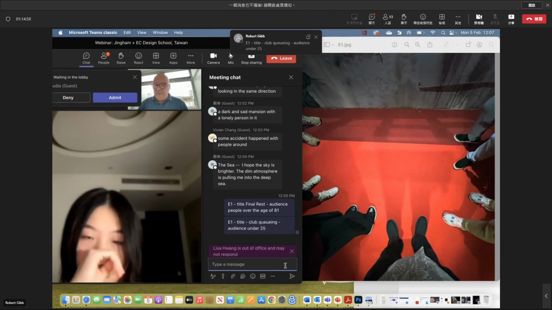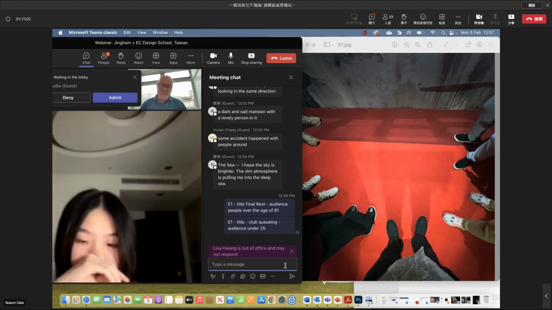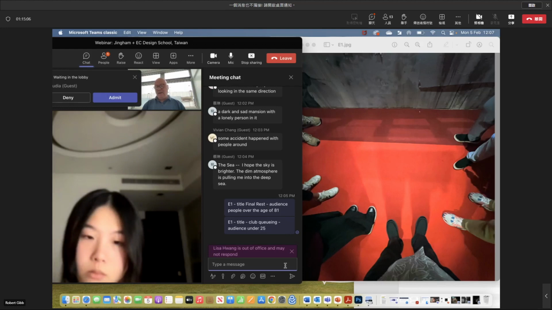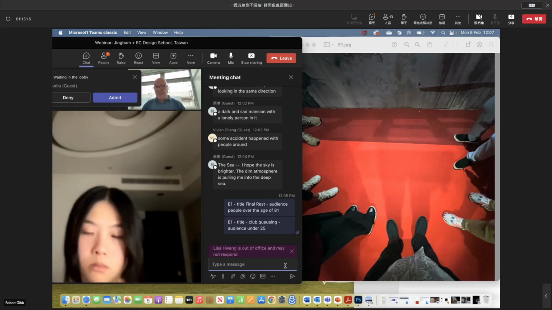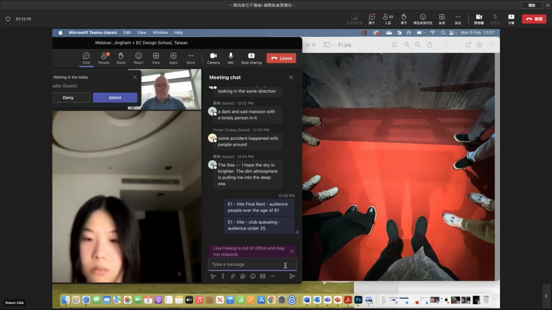Audience 2, with the same image, title: Club Queuing. Audience is under 25. The audience are waiting to get into a club, very active. I haven't changed the image, but you're changing, by using the title and the audience definition, how it might be used. Does that make sense?